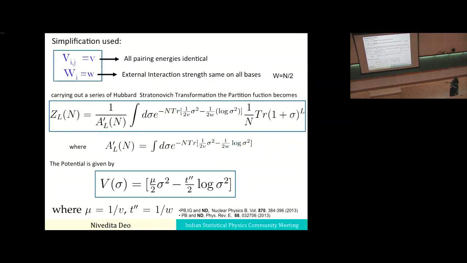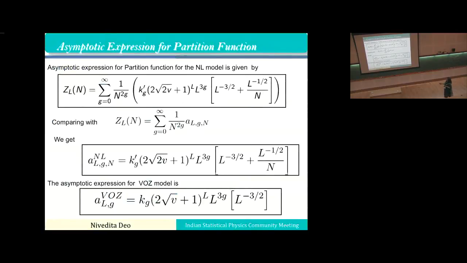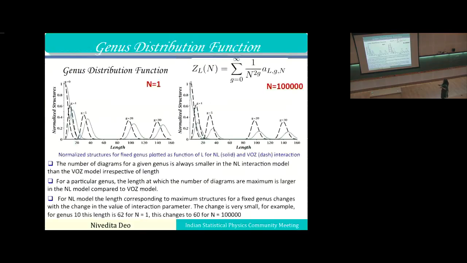Making some simplifications, that is, the interaction strength being V, taking them all to be the same, the external interaction being W, and taking W equal to N over 2, we can do the following analysis, and we find asymptotic results for the partition function that change from the Orland-Zee value, which was L to the 3G minus 3.5, to this one. So we found another exponent here, which is a very important exponent in this area.